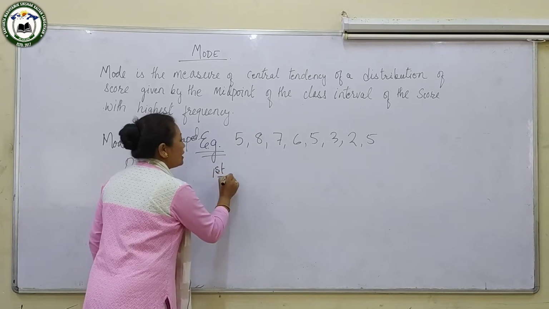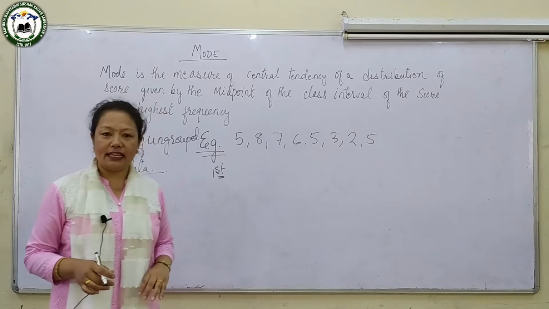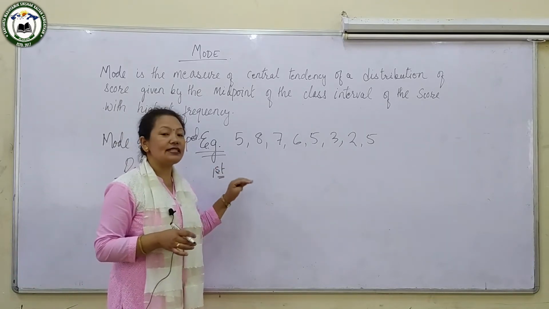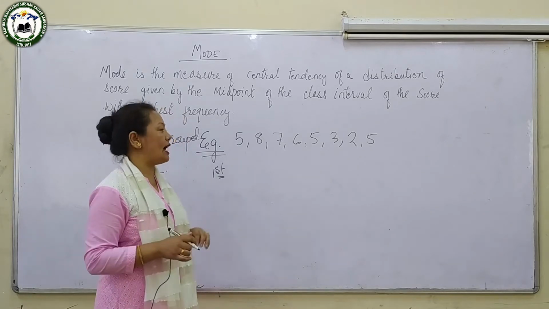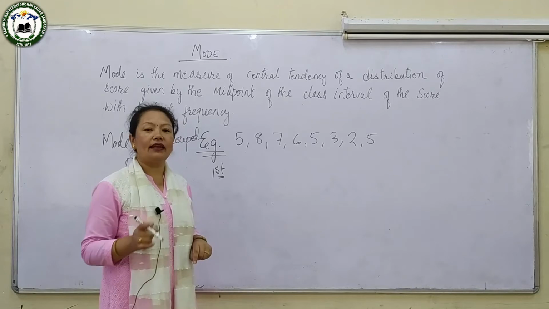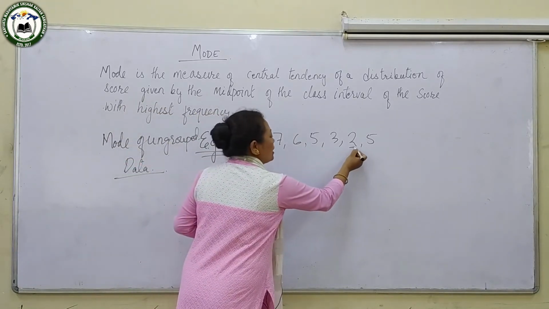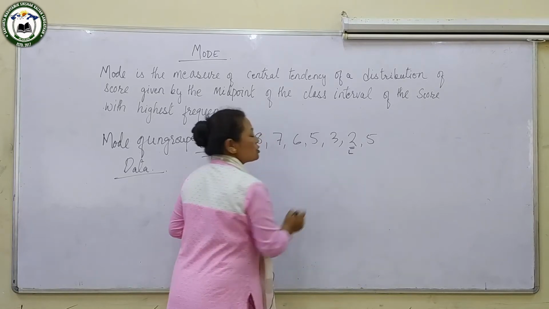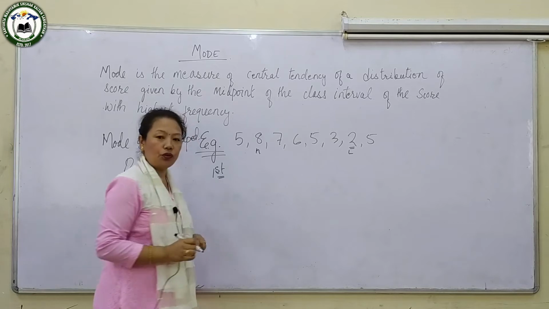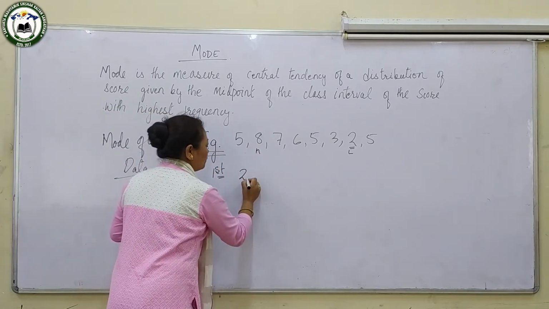The first step is to arrange this data in ascending order. To do that, first find the lowest and the highest score. Here 2 is my lowest score and 8 is my highest score. So we'll start with 2.